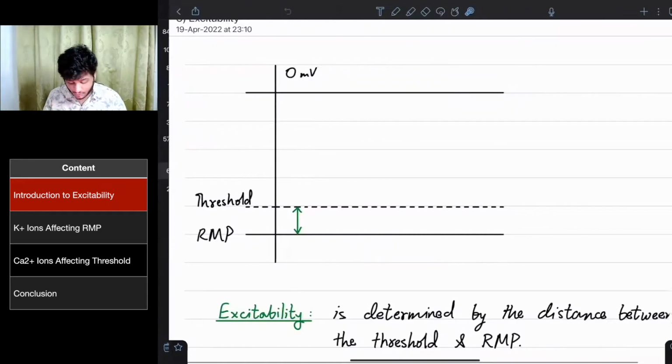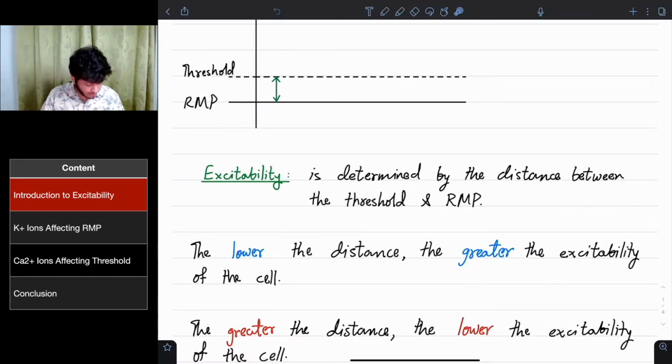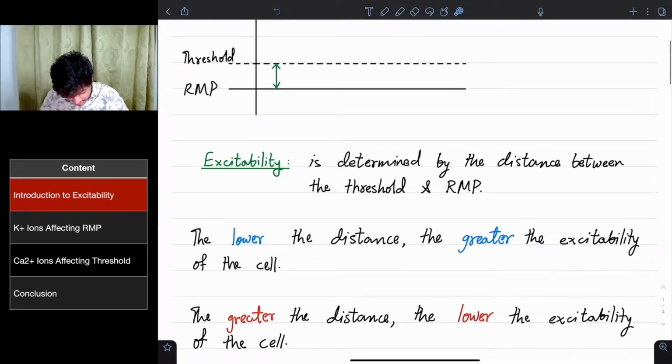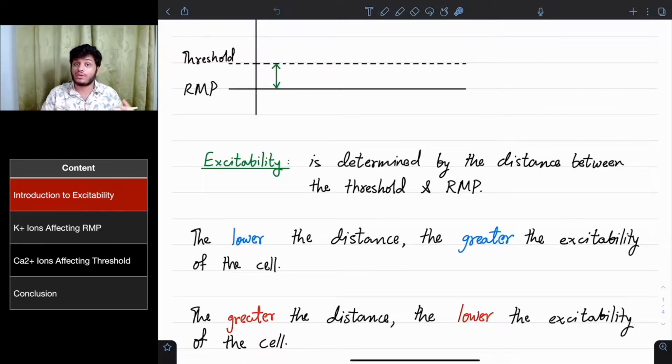So I wrote it here that the lower the distance between the threshold and resting membrane potential, the more excitable the cell is. The greater the distance, suppose it's here, the lower the excitability of the cell.